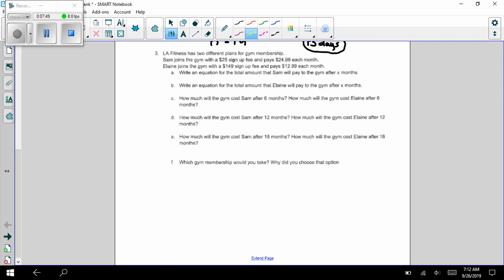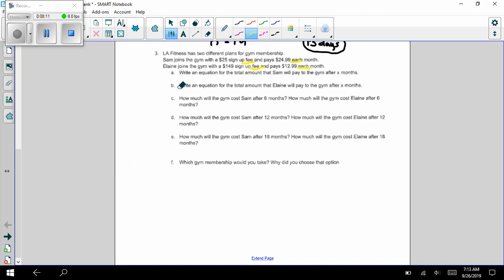So right there, I found some keywords, fee and each. Elaine also joins the gym, and her sign-up fee is $149, but she pays less. She only pays $12.99 each month.